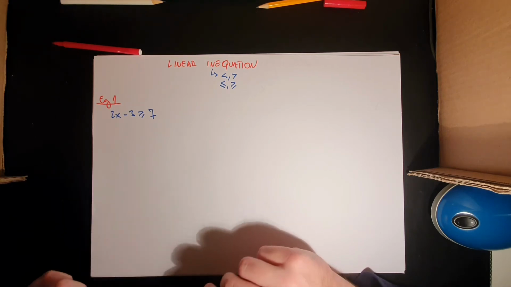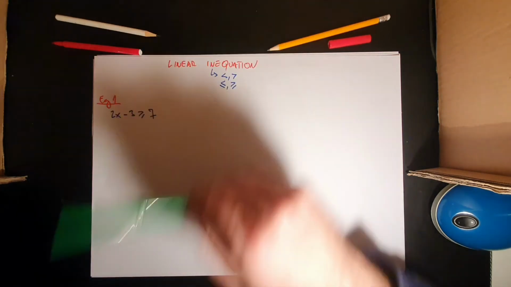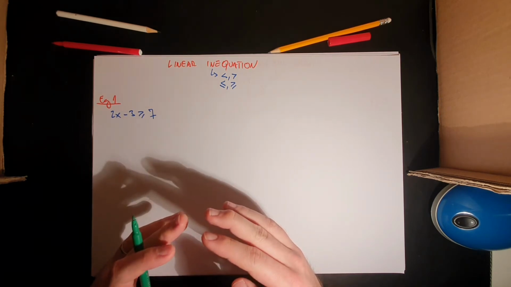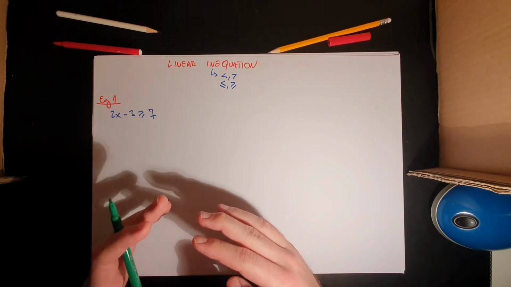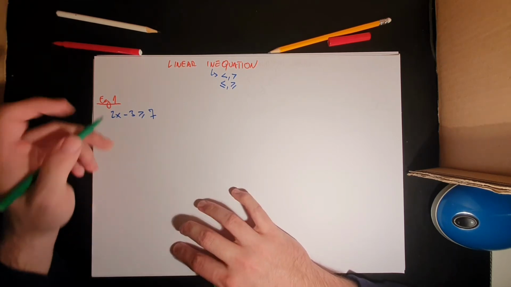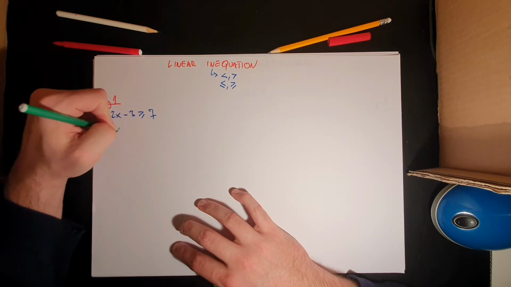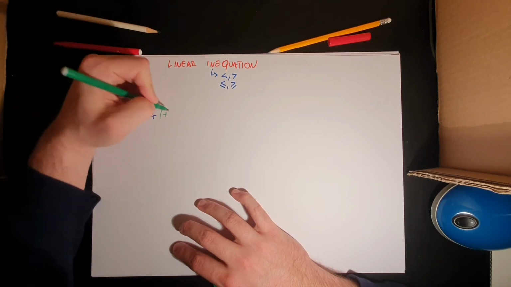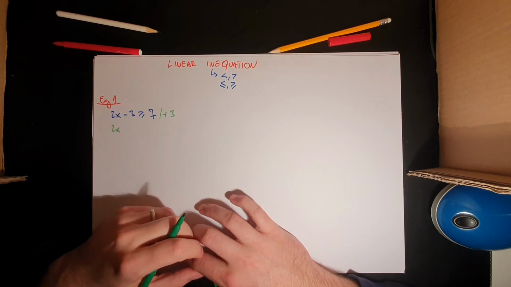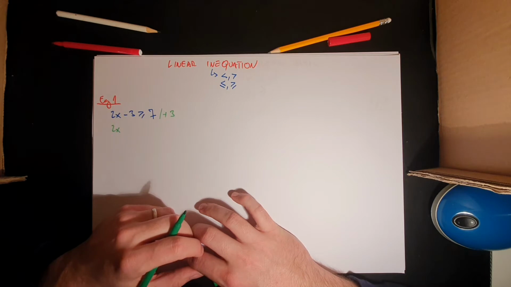So how do we solve this? Well, simple enough. We first leave what is known on one side and what is unknown on the other side. In this situation we have 2x on the left side, so we're going to leave it there, while we have to add 3 to the whole inequation. Here starts the importance of doing the same thing to both sides: adding, subtracting, multiplying, or dividing.